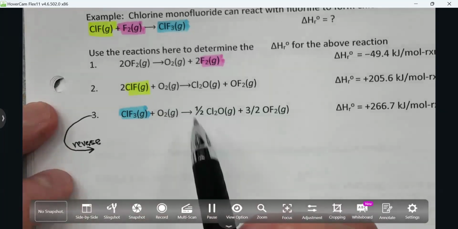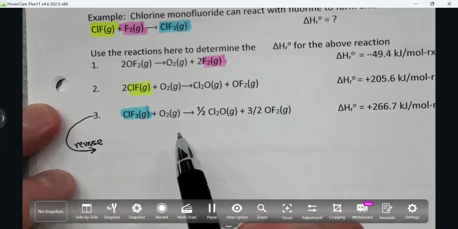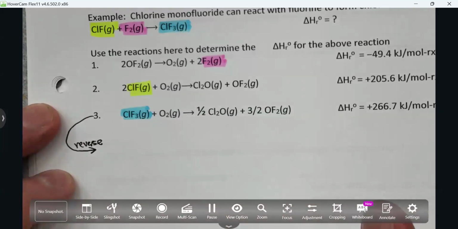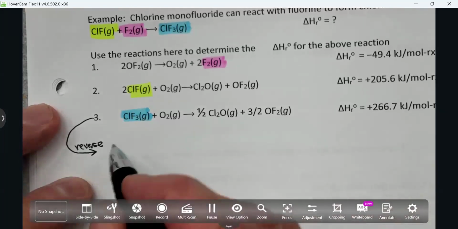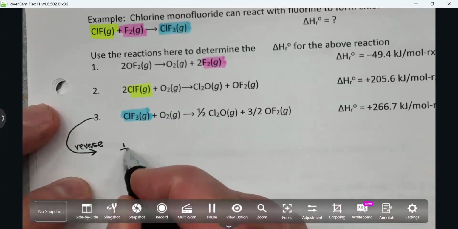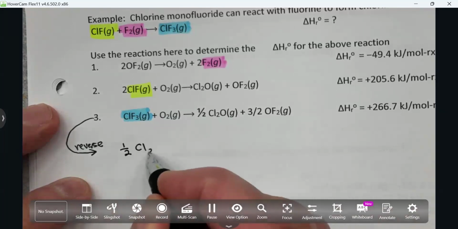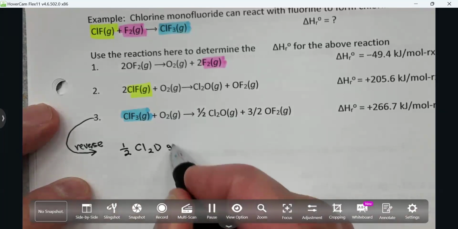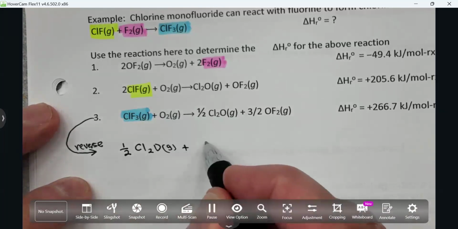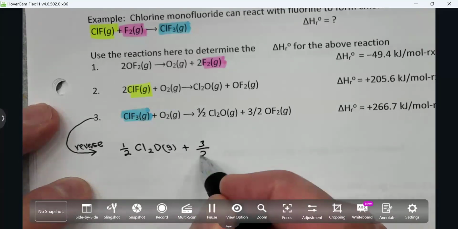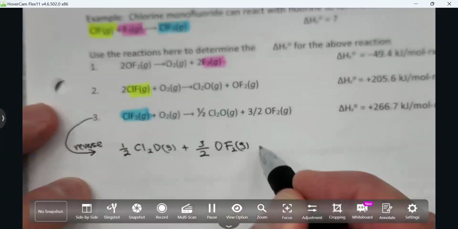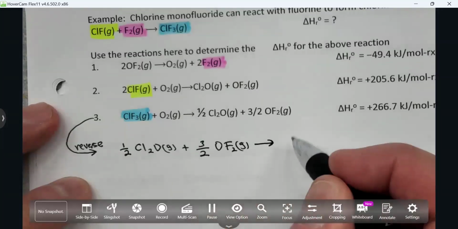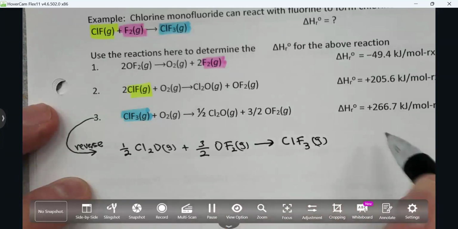Now, again, I've done this problem 3 or 4 different ways, so this is not the only way to do it. If we reverse this, we're going to have 1/2 Cl2O gas plus 3/2 OF2 gas, and we're going to get ClF3 gas.